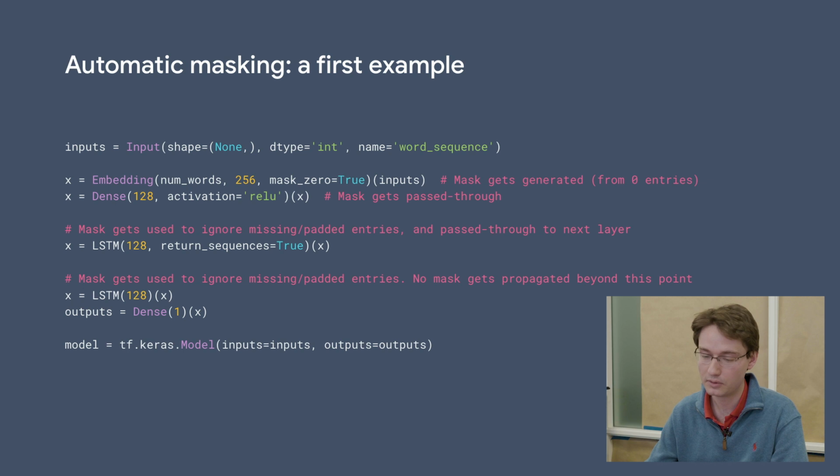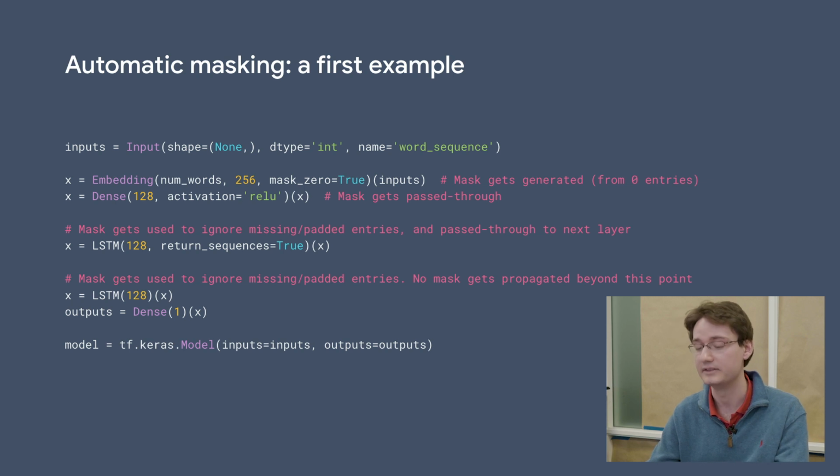And every time you call a layer that's compatible with masking, it's going to pass through this mask. And some layers, like the LSTM layer, are going to be mask consumers. So they're going to be looking at the mask that's passed and use it to ignore the padded entries. And some layers, for instance, if you have an LSTM layer that does not return sequences, that basically just returns a single vector per sample, encoding the entire sequence, it's going to be destroying the mask.